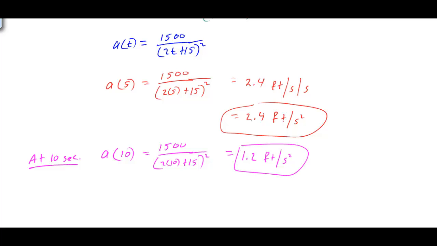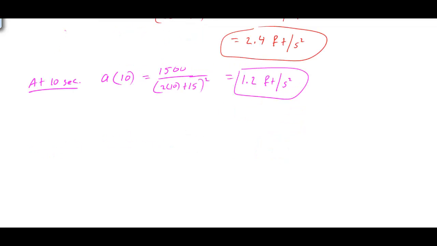So you can kind of look based on these two answers. At 5 seconds, we're accelerating at 2.4 feet per second squared, and then after 10 seconds, at that time we are accelerating at 1.2 feet per second squared.